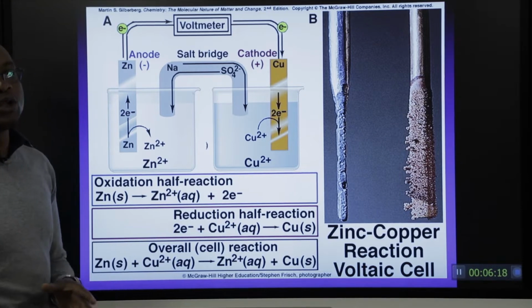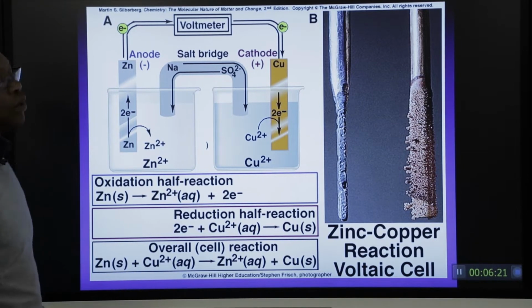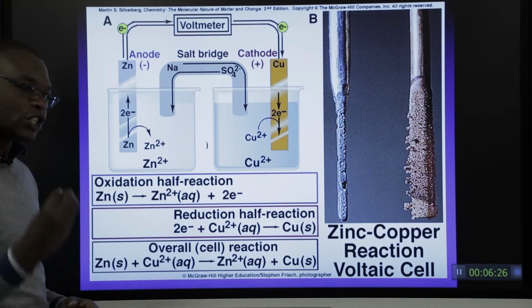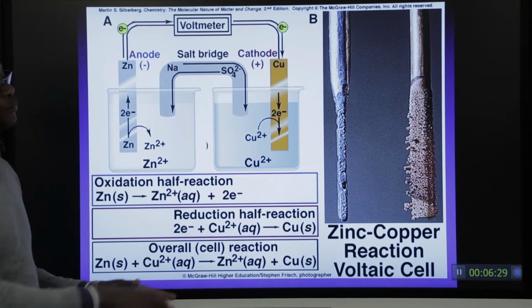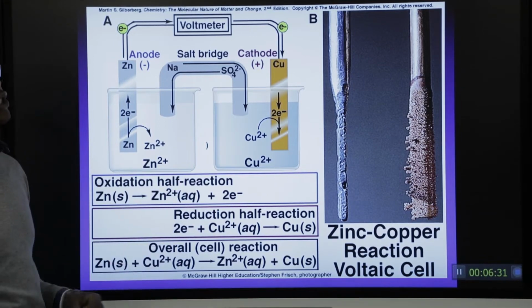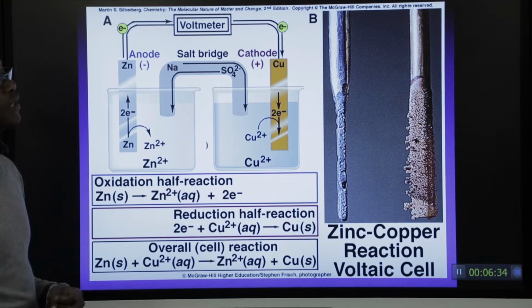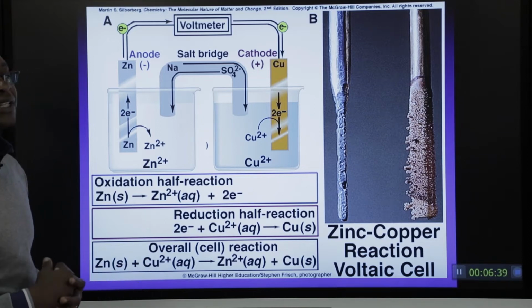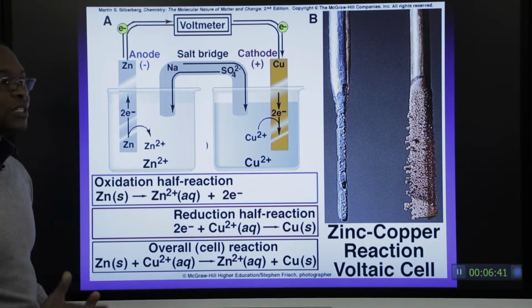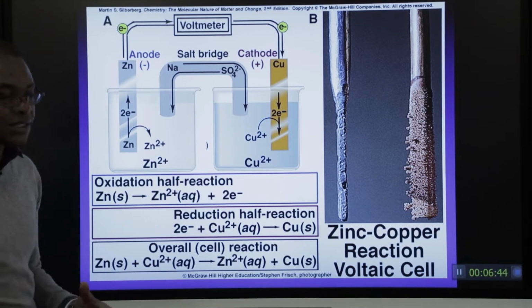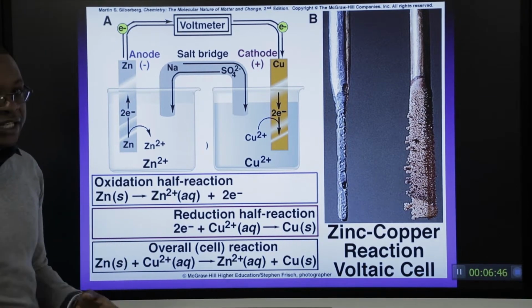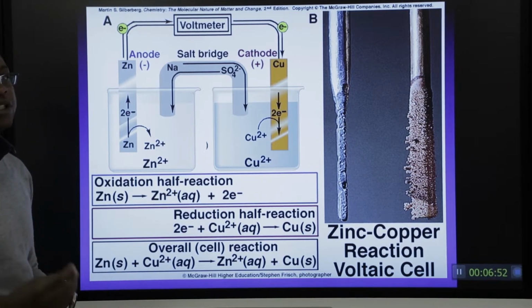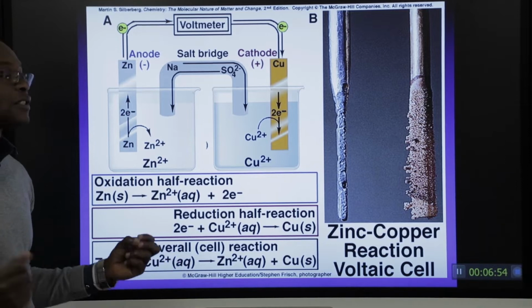Why and where do you place it as an anode or a cathode, depending on the electrode potentials, which we also say that when you do the overall cell potential, you should be able to determine that with a galvanic cell, when your overall cell potential is greater than 0, it means the reaction can take place and it's also spontaneous. While if it is less than 0, we say the reaction is non-spontaneous and it does not take place.